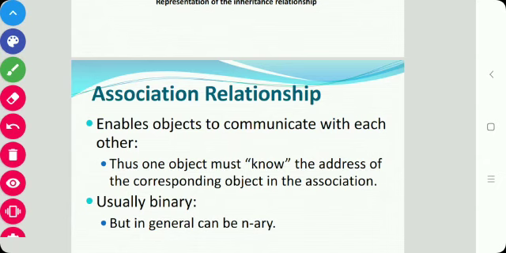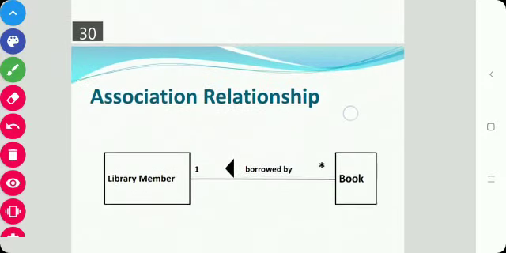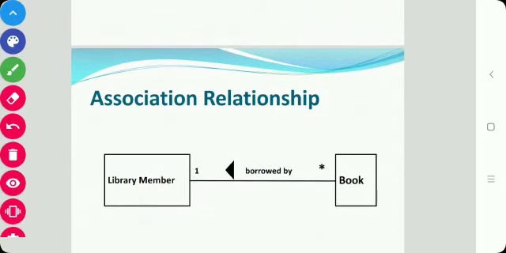For example, the statement: library member borrows a book. So borrows is the relationship, and an association is usually a binary relationship, but the association may be a recursive association in which a class can have an association with itself.